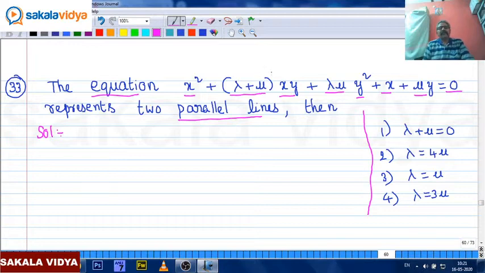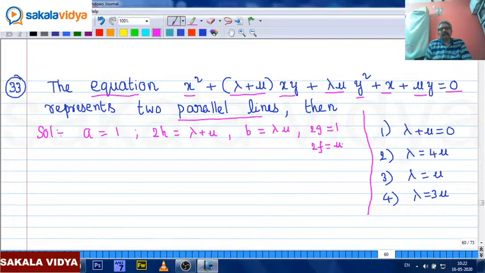If you compare this pair of lines with S equal to 0, we have a equals 1, 2h equals lambda plus mu, b equals lambda mu, 2g equals 1, 2f equals mu, c equals 0.